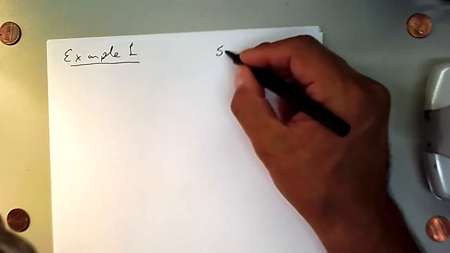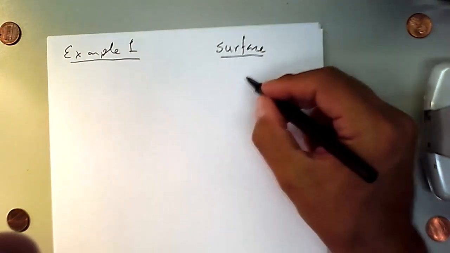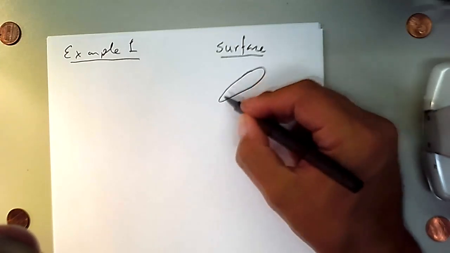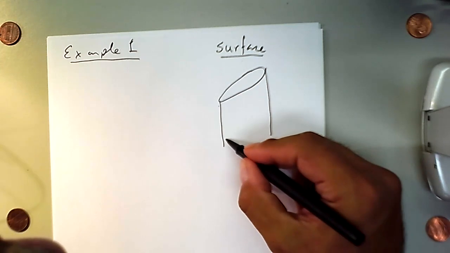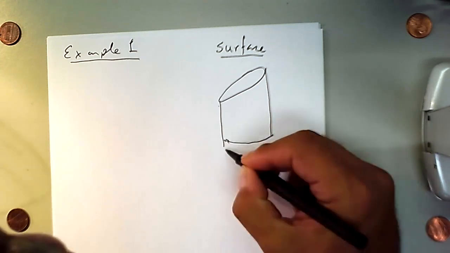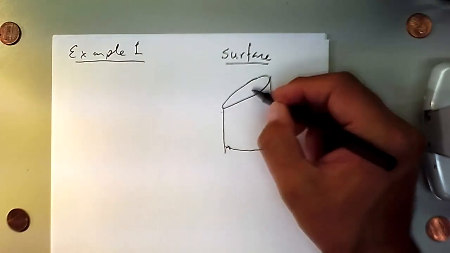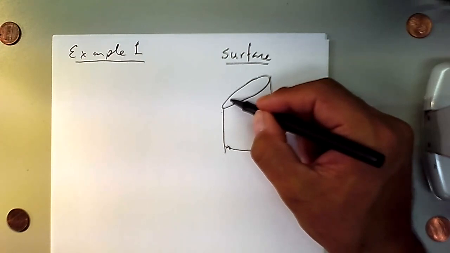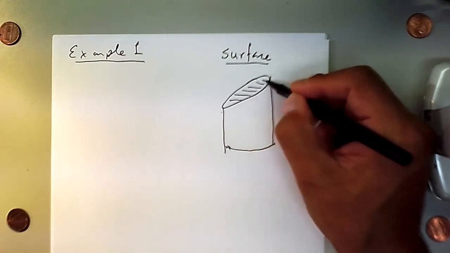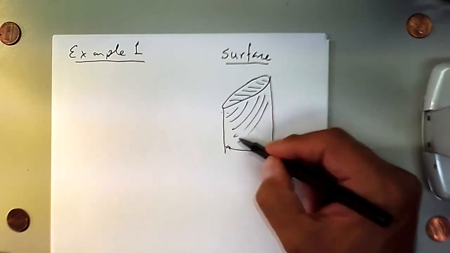So remember, we are talking about one surface that is made up by this. The surface has only 2 faces to it. We can divide it into 2 faces. So we have the top, and we have the side around this, but we don't have the bottom.